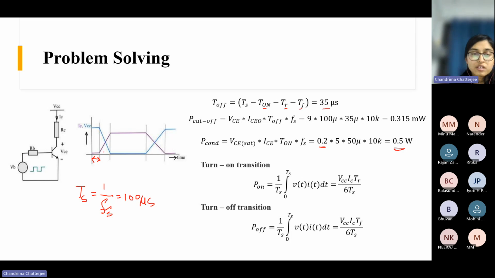Suppose we want to obtain the voltage expression during the period when the voltage is falling from VCC to VCE sat. What will be the voltage equation? We can assume the final value as 0, or for accuracy you can exactly take the VCE sat value. I have assumed it as 0.